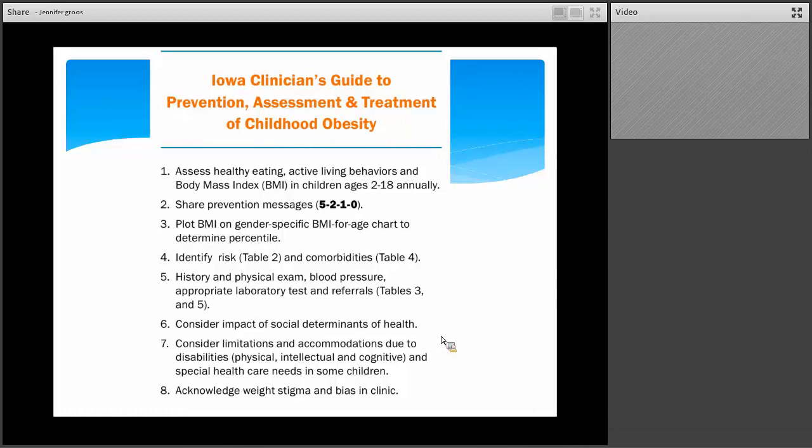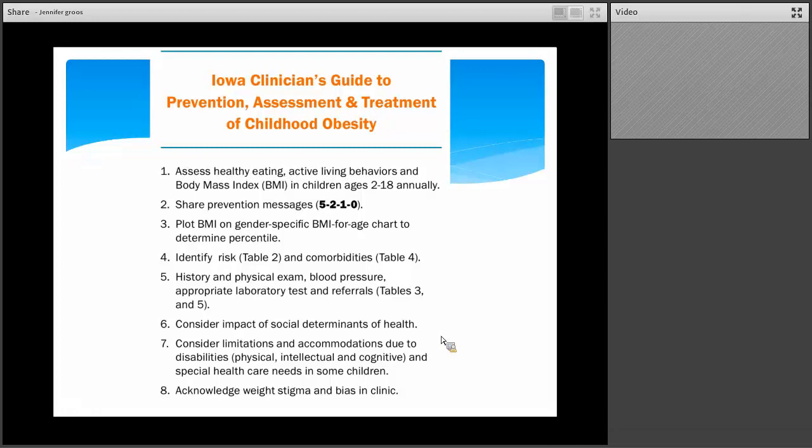To do this, we'll really need to take a good history and do a physical exam, thinking about obesity-specific components of each of those things, as well as measuring blood pressure, ordering appropriate lab testing, and making appropriate referrals. There are some good tools within the guide to give us guidance.